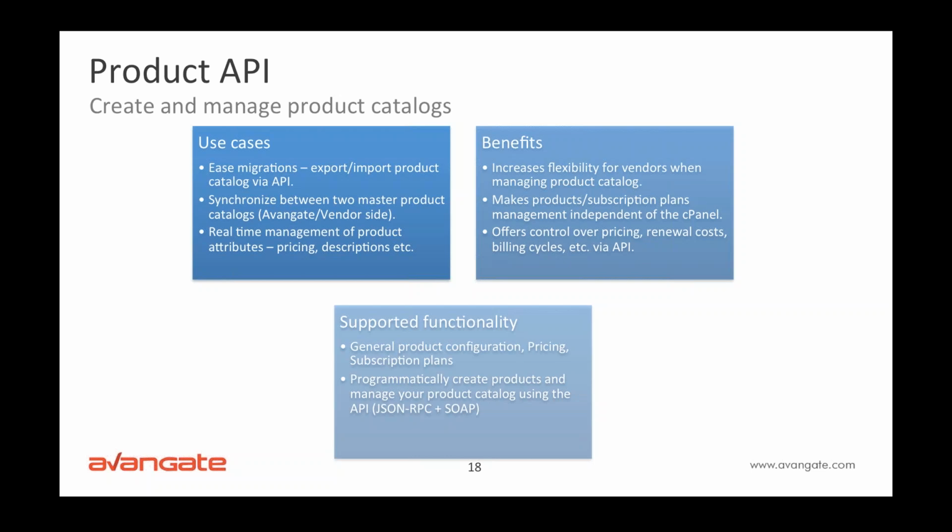And it's a great chance also for you to provide some feedback on the direction of the product API, and help us assess as best as possible the needs of your business, and have those reflected properly in the products that we're delivering, and in this specific case, the Avangate product API.